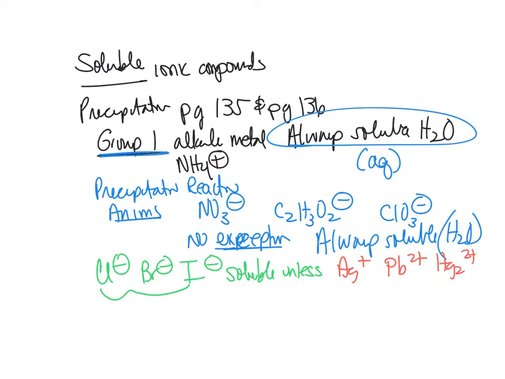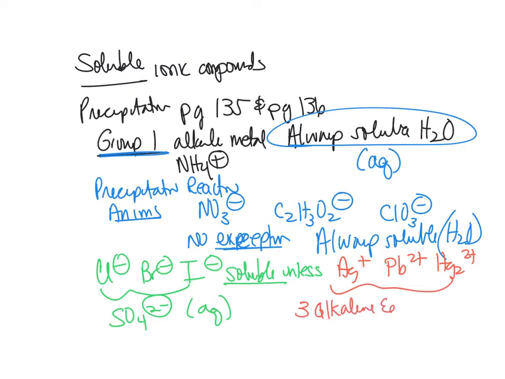And then compounds that have sulfate, which is your only 2- anion, are going to be soluble. So they're going to be aqueous unless you have these three, and then also 3 of the alkaline earth metals. So what are those? The barium, the calcium, and the strontium 2+. Now if you turn the page, you see these compounds that are insoluble.